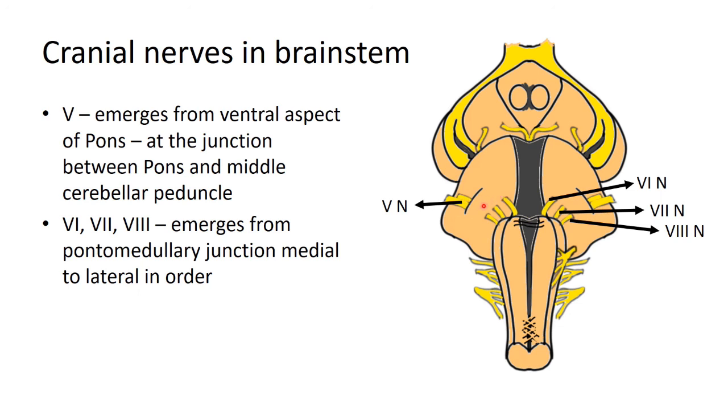The 6, 7 and 8, the abducent, facial and vestibulocochlear nerves emerge from the pontomedullary junction, the junction between the pons and medulla. The 6th, 7th and 8th nerves emerge from the pontomedullary junction in order from medial to lateral.